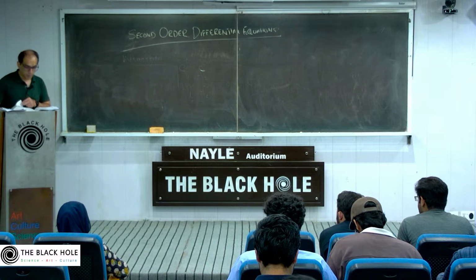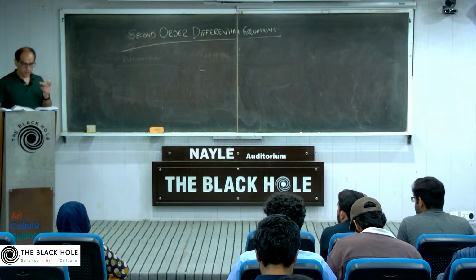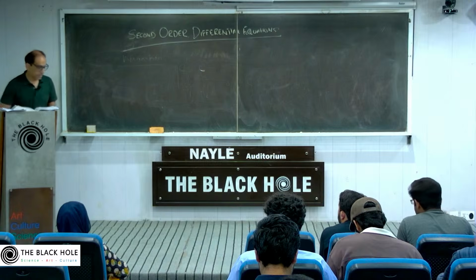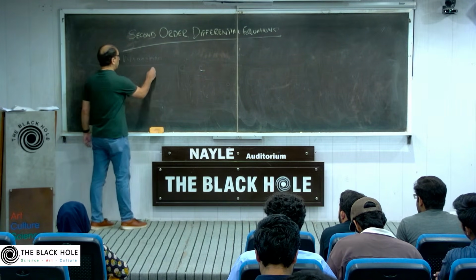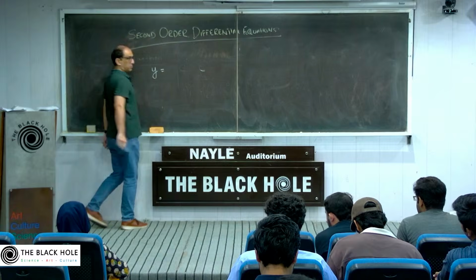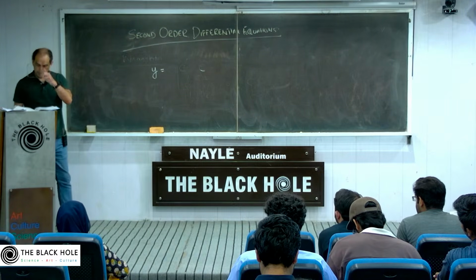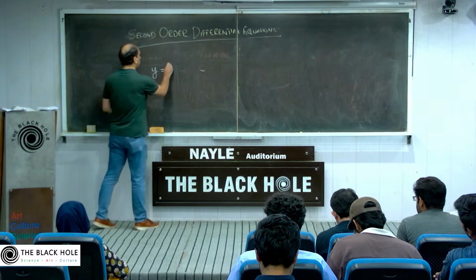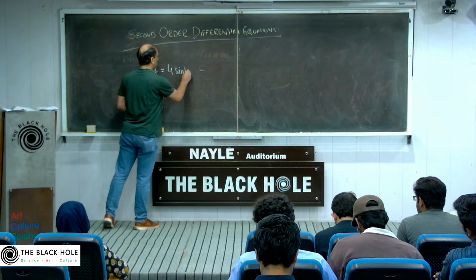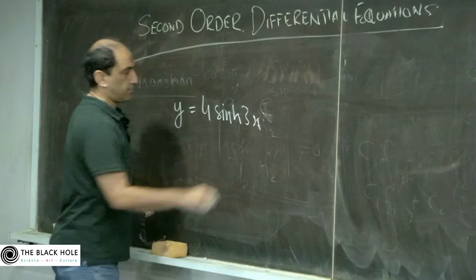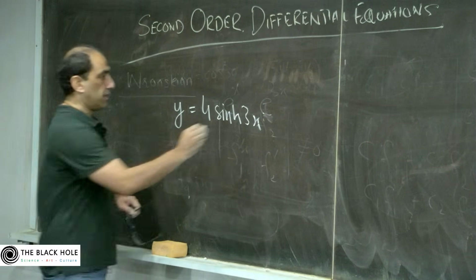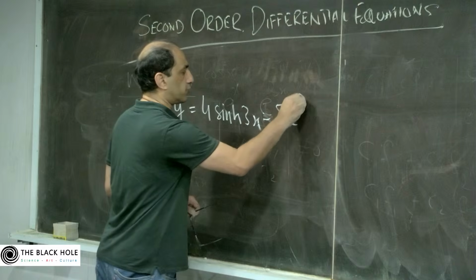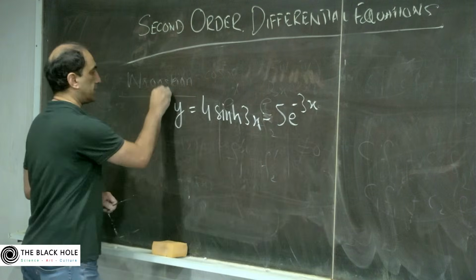All right. So now we have one more thing. So let's say that I have a differential equation whose solution is 4 sine hyperbolic 3x minus 5 e raised to power minus 3x.